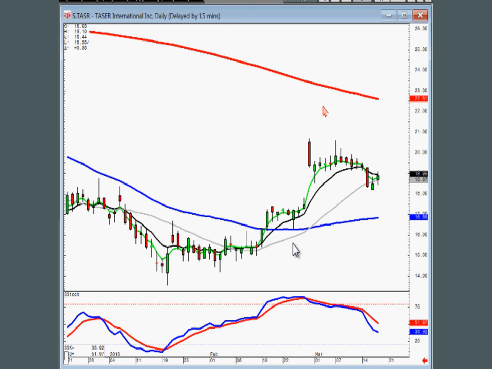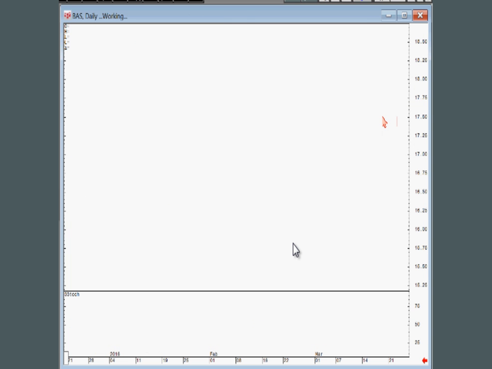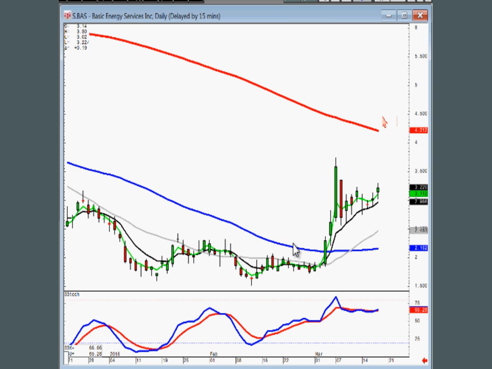And Tazar, you can get ready to buy this one on positive trading. You want to see it break this little downtrending channel. If it does, they could move it up to the 200-day moving average from here. Basic Energy, you can buy this one on positive trading. Good percentage move to get back up to the 200.